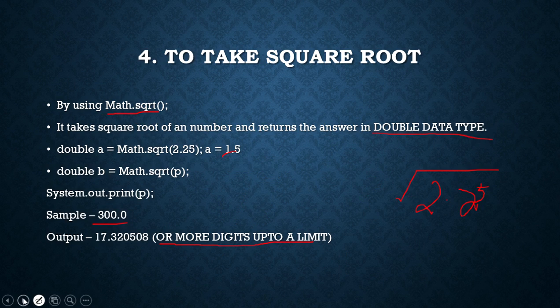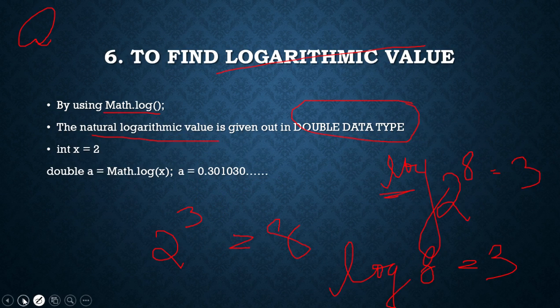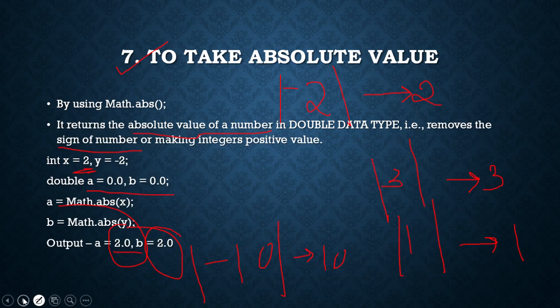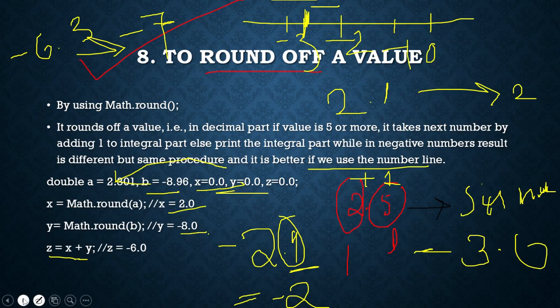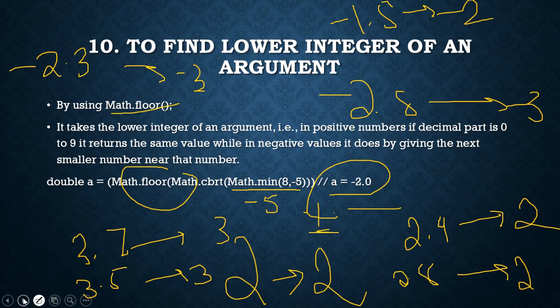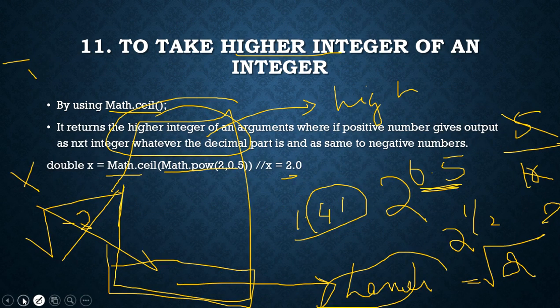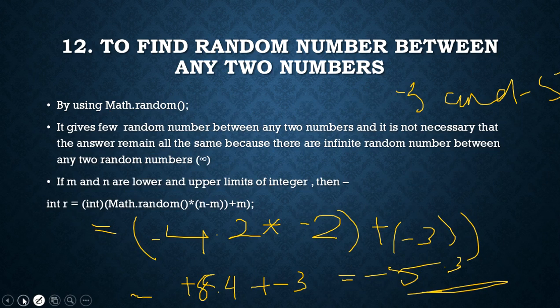Next is to take square root, Math.sqrt, then cube root, Math.cbrt. To take logarithm, Math.log. Then Math.abs is for absolute value. To round off, we take Math.round. To take a range, Math.rint. To take lower and upper value, we use Math.floor and Math.ceil. To take a random value, Math.random, and learn this formula also. That's all about this chapter.